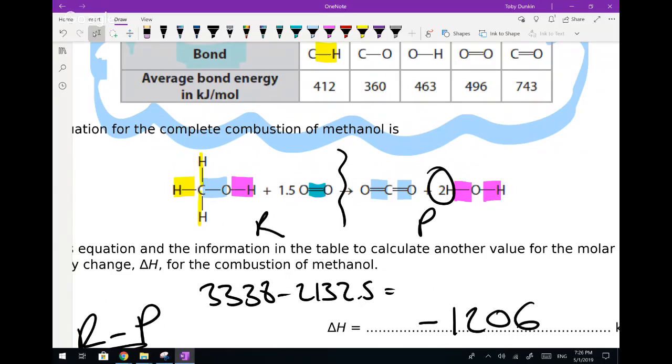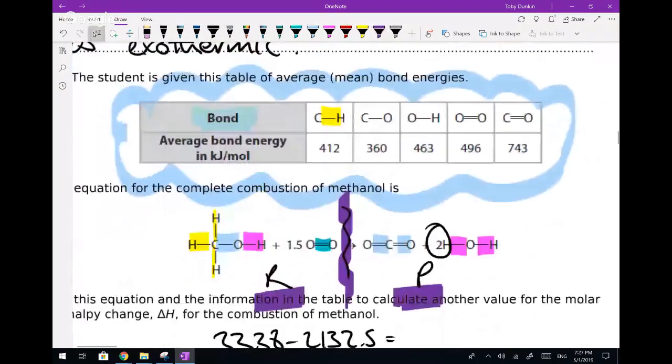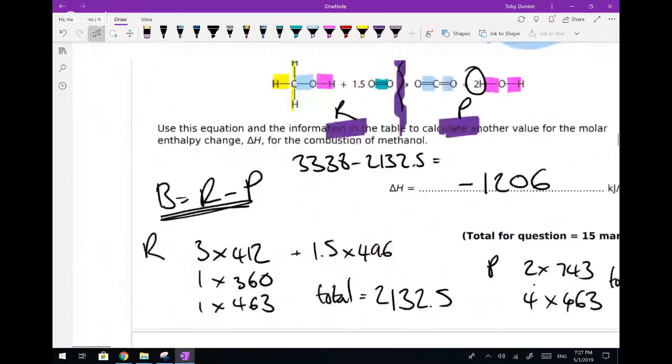Now, notice that the first thing I did was I split the equation down the middle with a wiggly line. And I wrote reactants and products. And I then said, right, let's start counting bonds. And you can see how I've counted them up. So I've counted them and then written them down here.